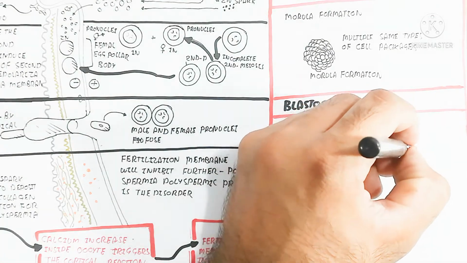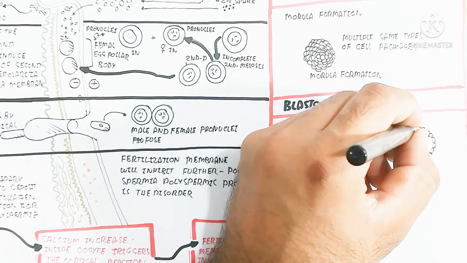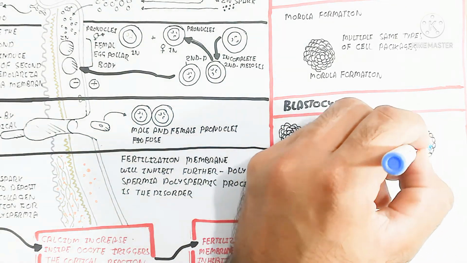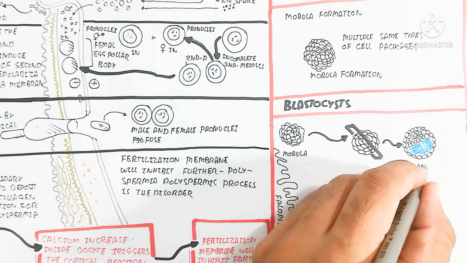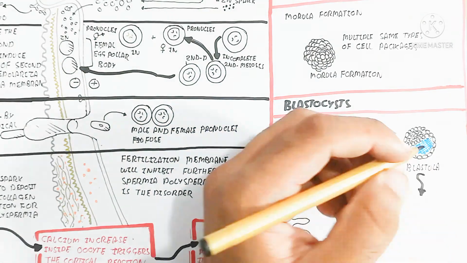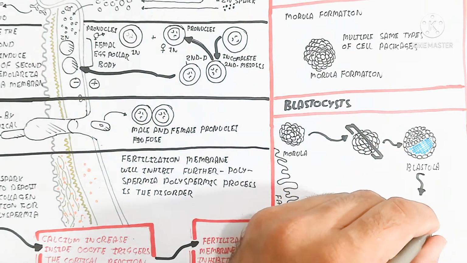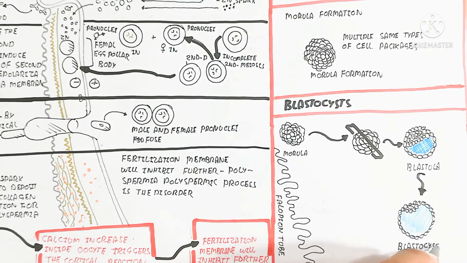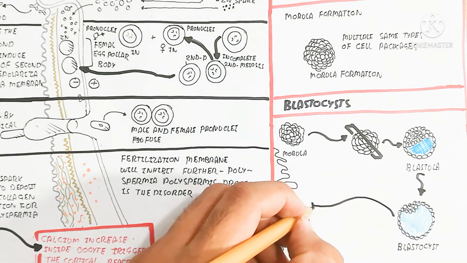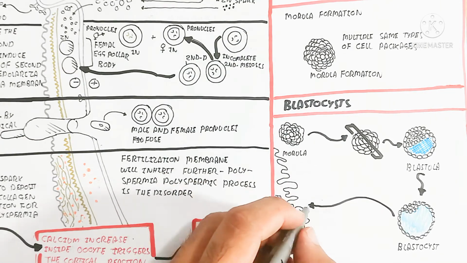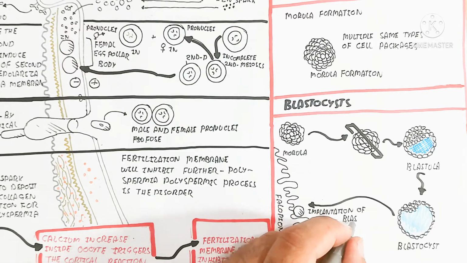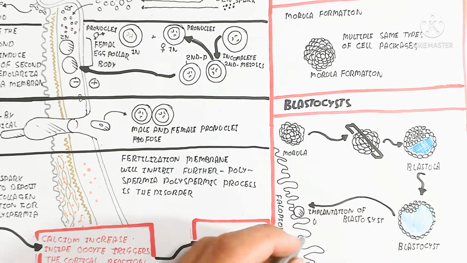The blastocyst is able to implant in the uterus. So remember, the blastocyst is important for implantation. When it implants into the endometrial wall of the uterus, it is known as the blastocyst. Otherwise it is not known as the blastocyst.